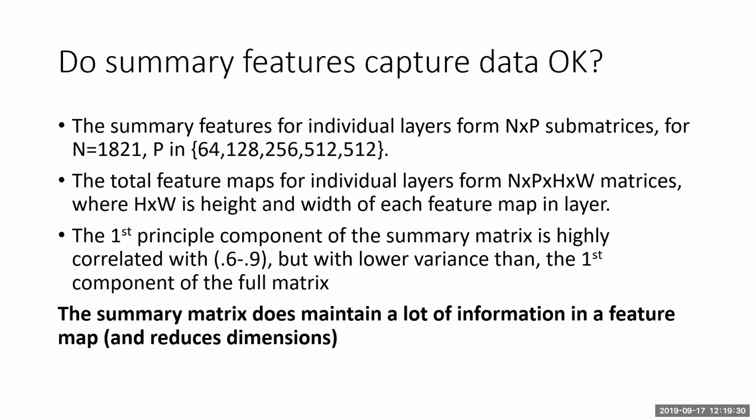I ran some principal components, and I'm not going to go through the details, but the summary matrix does maintain a lot of the information that is in the feature maps, and it reduces dimension. It does lose some of the variance, so we're losing spatial information. This kind of summary may not be appropriate. It may not reflect everything that a network does for object recognition, but it does still have a lot of information.